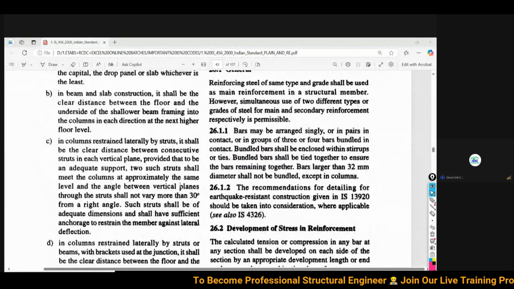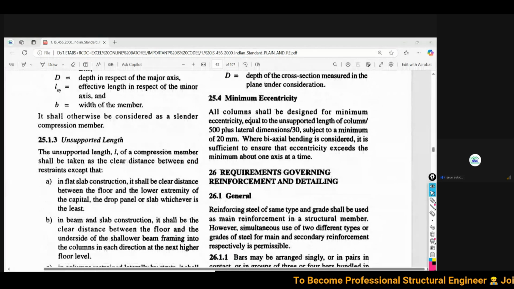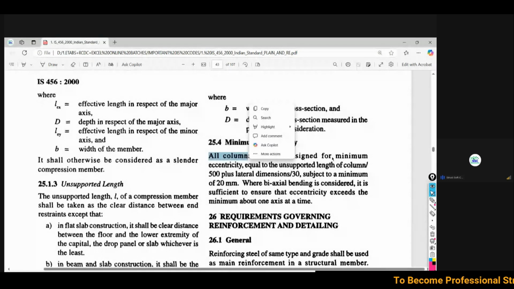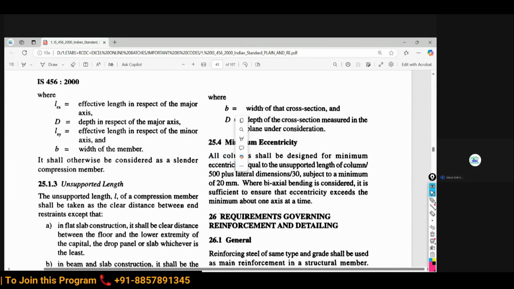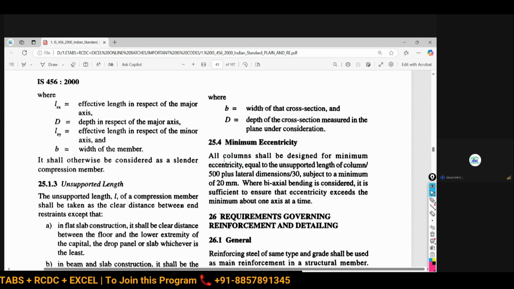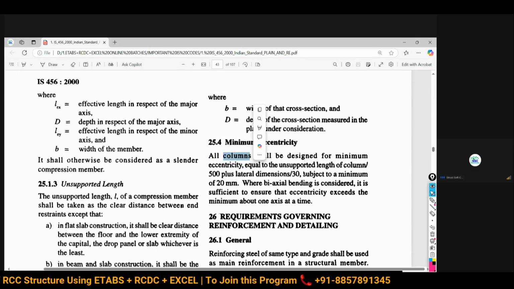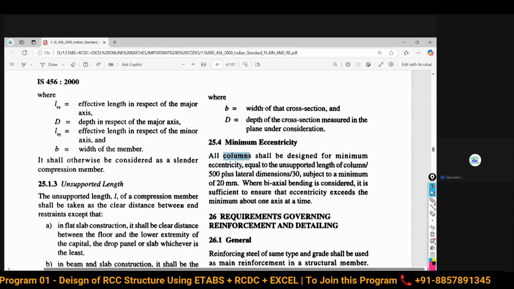Here at page number 42, the code says all columns shall be designed for a minimum eccentricity. It is not talking about uniaxial, biaxial or any other situation. It simply says that for the column element, all columns shall be designed for minimum eccentricity.